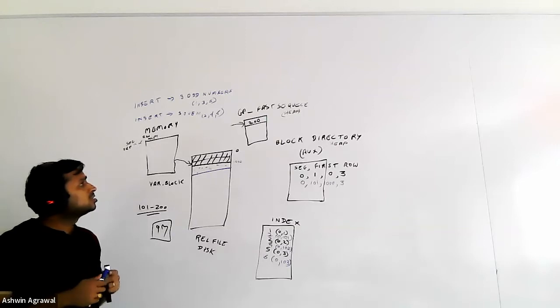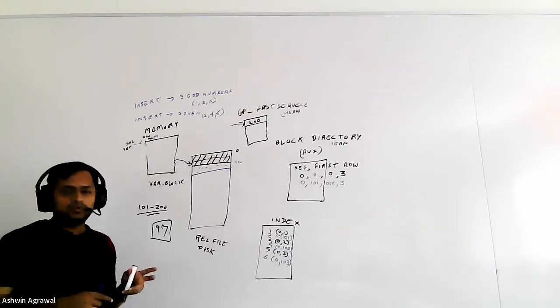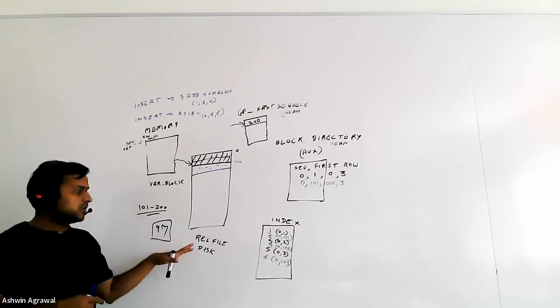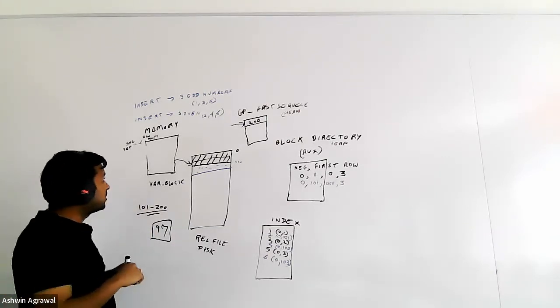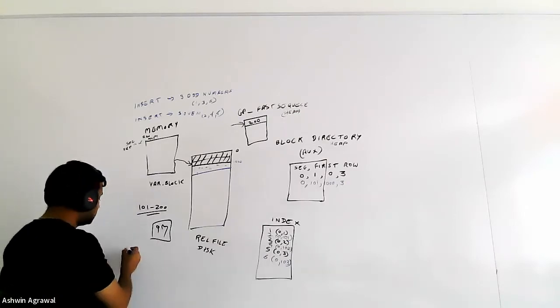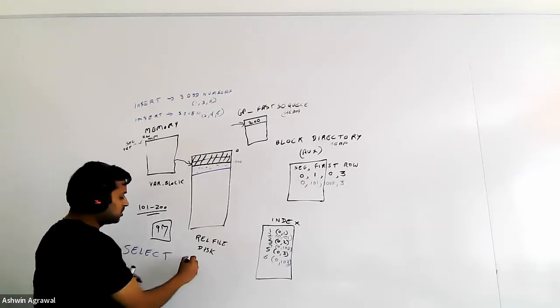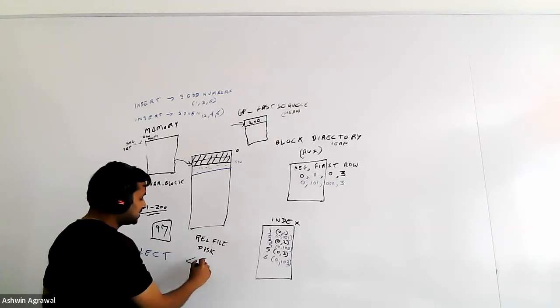Okay, so I'll move forward and explain how the scan would work, because this was the insert part. Let's say we get a query which says select from this table all the tuples which are less than 5.